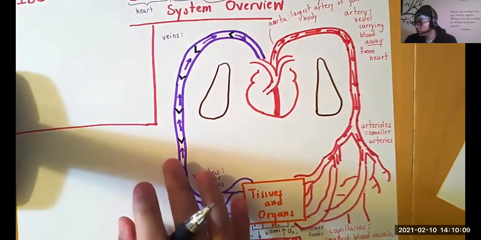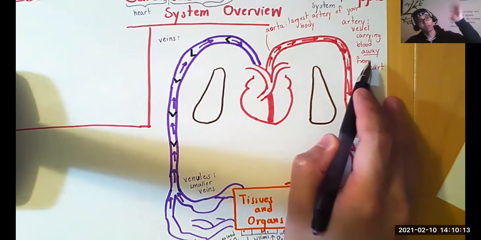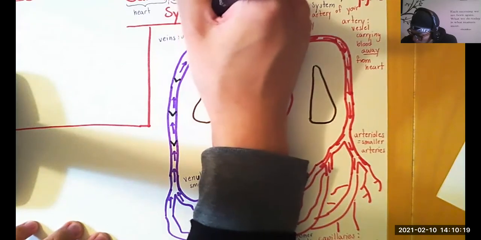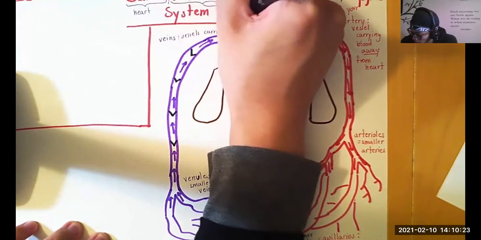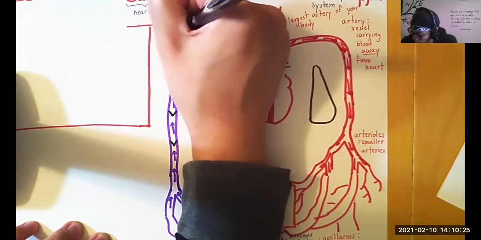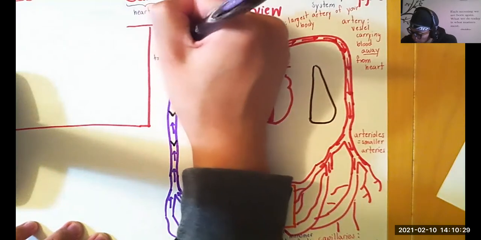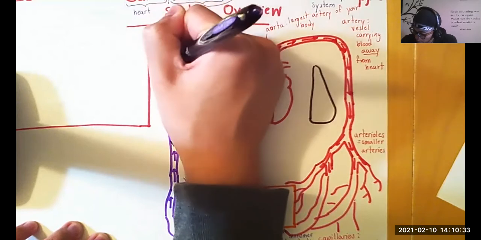So let's define veins, shall we? Arteries are vessels carrying blood away from the heart. What do you guys think veins are? Vessels carrying blood toward the heart.